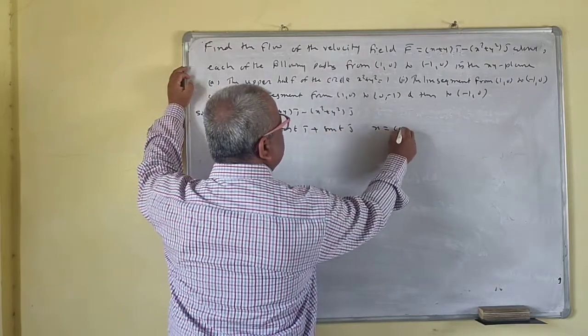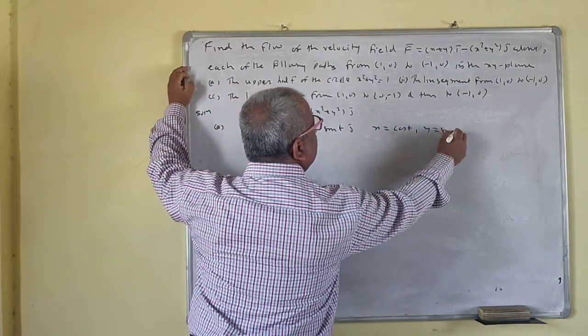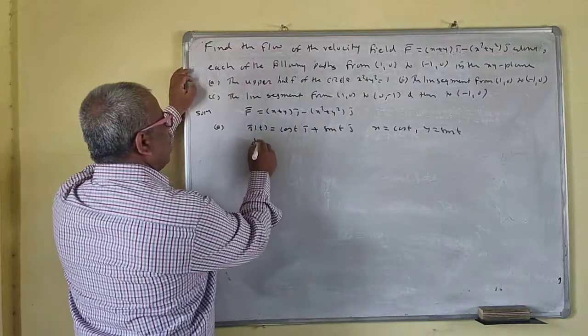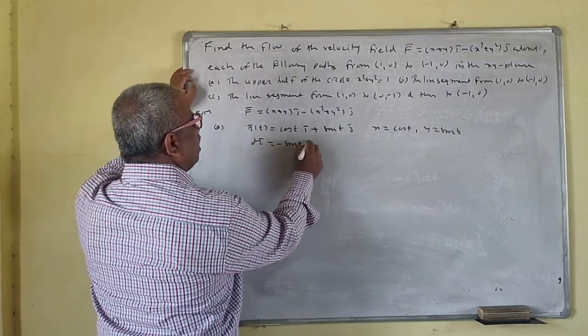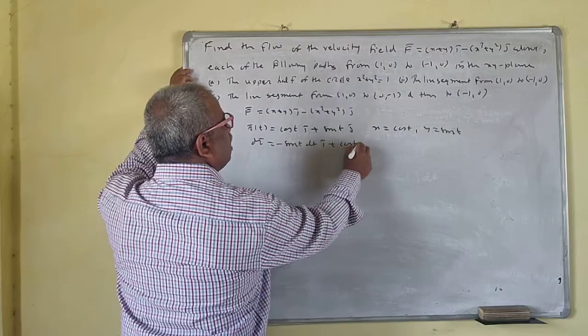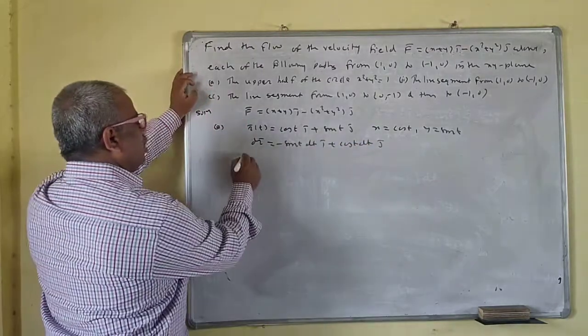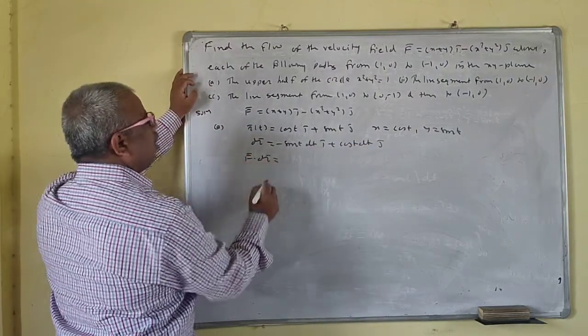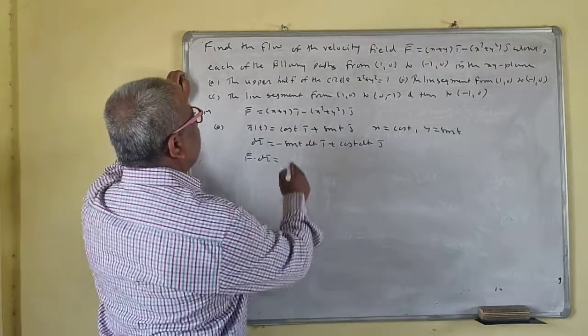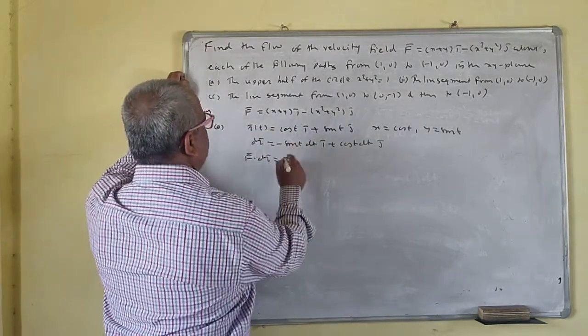That means x is equal to cos t, y is equal to sin t. So dr bar is equal to minus sin t dt i bar plus cos t dt j bar. Now F bar dot dr bar. What is F bar? F bar is x plus y.